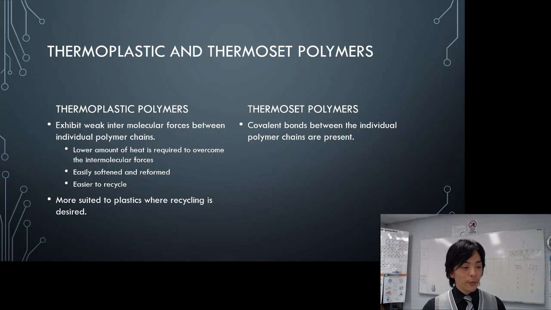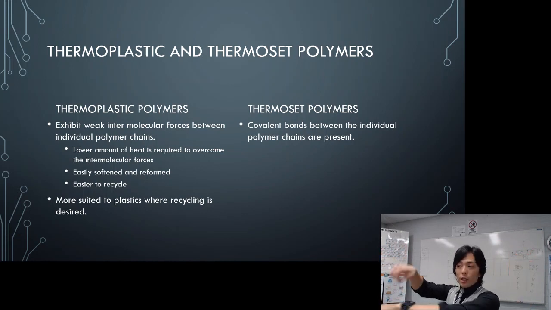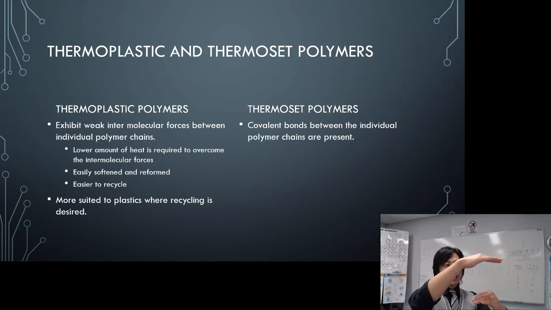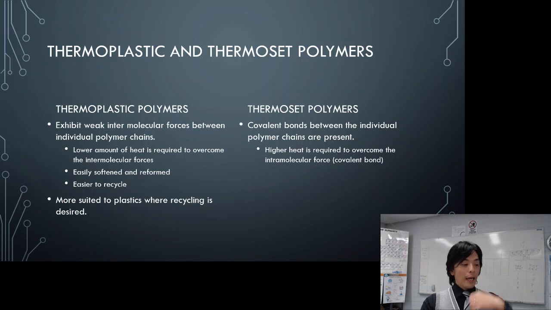It melts easily. Whereas thermoset polymers, because they have covalent bonds, a primary bond between chains. So in thermoplastic, you had chain and chain, they're just interacting with intermolecular force. But in thermosetting, they are connected with primary bonds. So individual polymers are connected, and higher heat is required to overcome that primary bond.